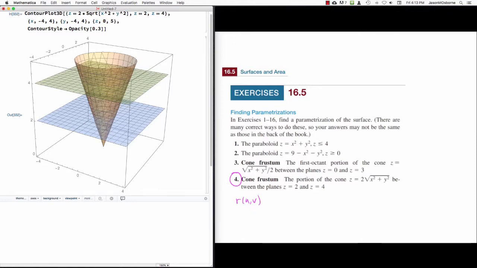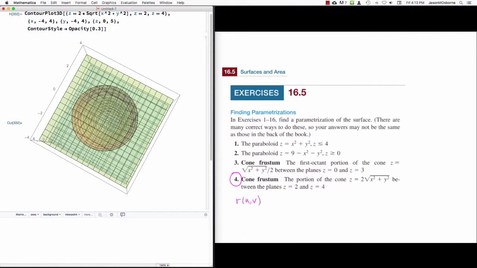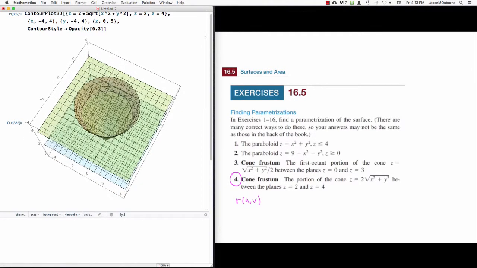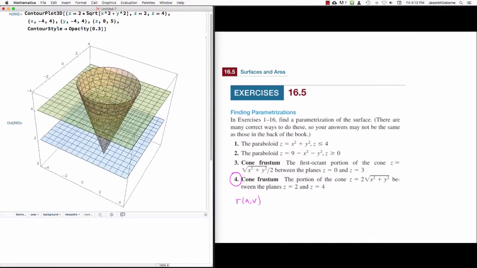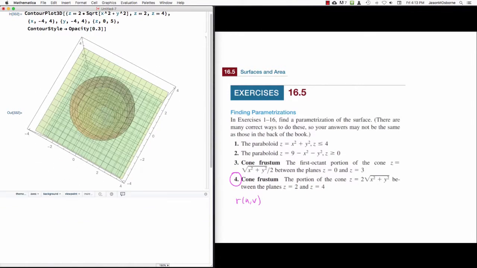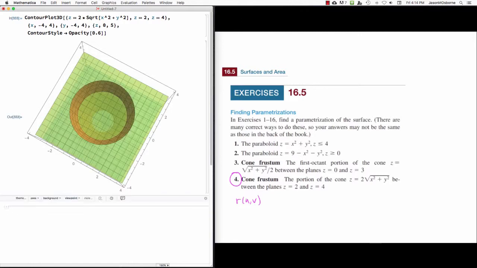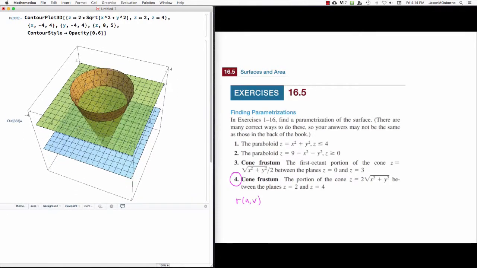One thing to note here is that we can see those 2 planes chop the surface into 2 different circles. Let me make this a little less transparent. Can you see the 2 circles created?